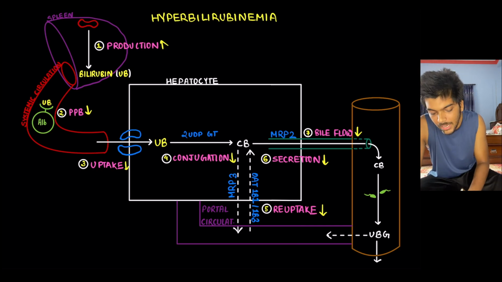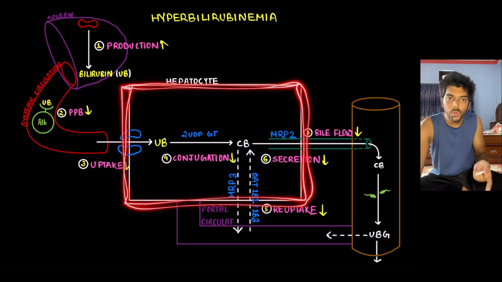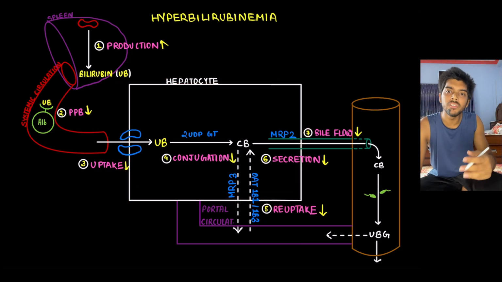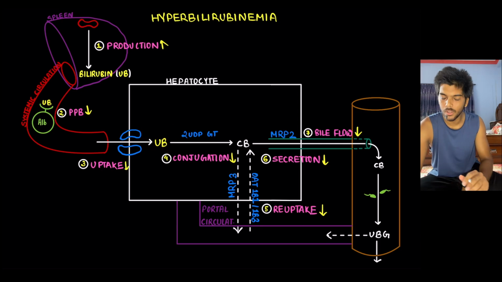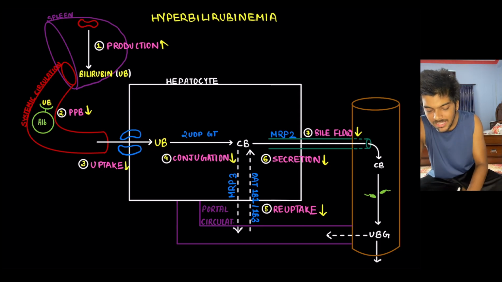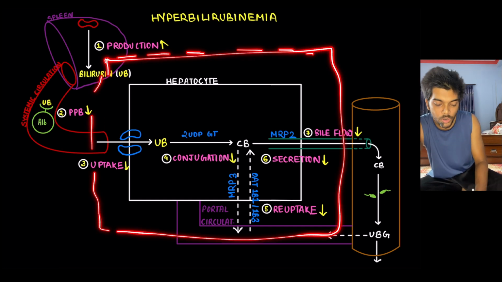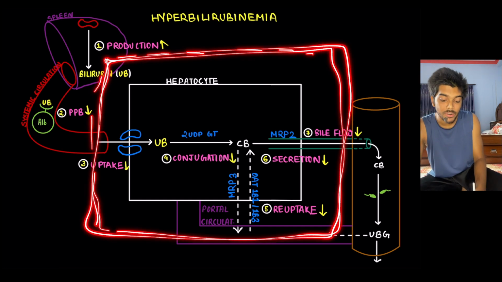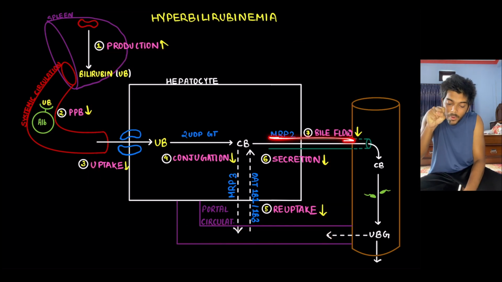Let's say the inflammation of the hepatocyte cell right here takes place. Due to inflammation, there is loss of function of the cell. As a result, conjugation does not take place. As a result, there is accumulation of unconjugated bilirubin in the blood. Good. Due to inflammation, there is increment in the size of the hepatocyte. Due to increment in the size of the hepatocyte, what happens? It presses upon the outflow.